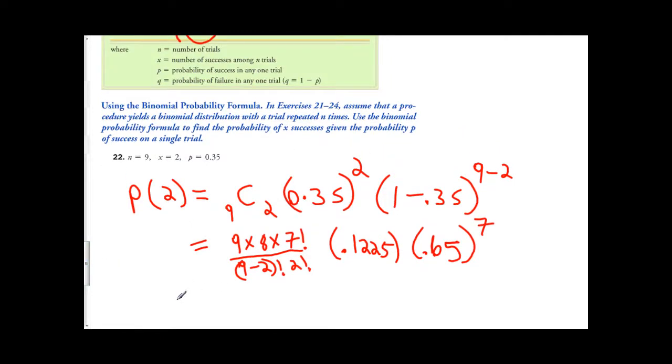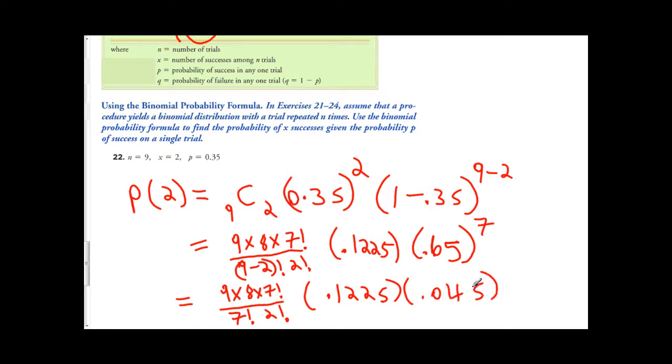So this is equal to 9 times 8 times 7 factorial divided by 7 factorial times 2 factorial times 0.1225, and then 0.65 raised to the power of 7 is 0.049.